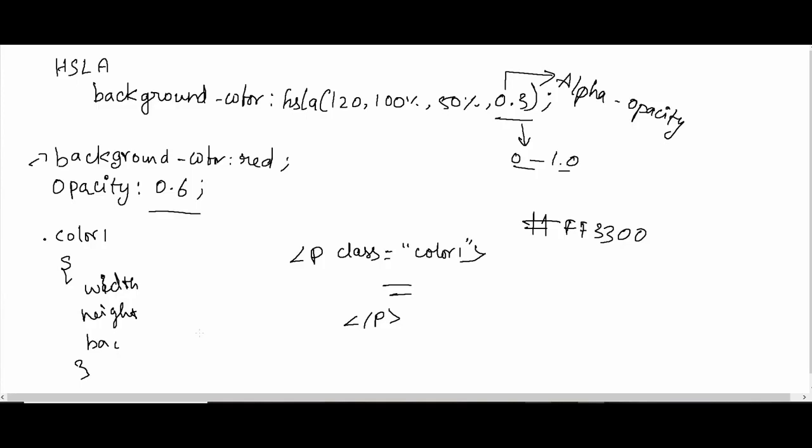Now let me see CSS transformation. CSS transformation is very easy and also a very effective basic animation. We can change the position, we can rotate the content. So all these things will be done.